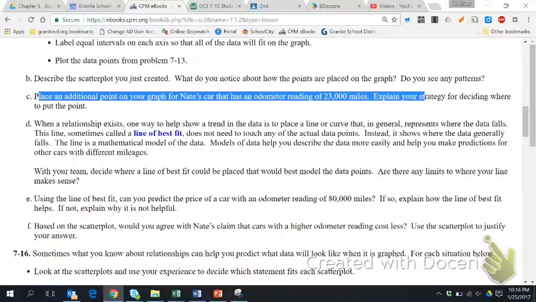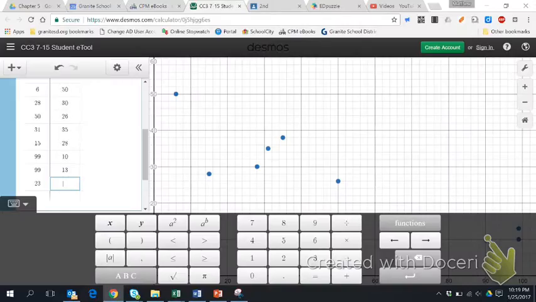Over here in my X column, and in my Y column I want to try and figure out approximately where it would go. So just looking at your data, I want you to try to think about where would that dot best go, and it doesn't have to match exactly what I'm thinking.